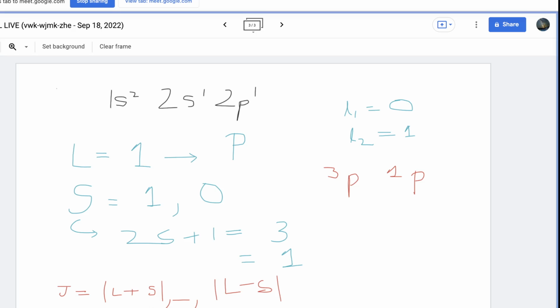So it will be 2, 1, 0. So I will have 3 J values, 2, 1, 0.